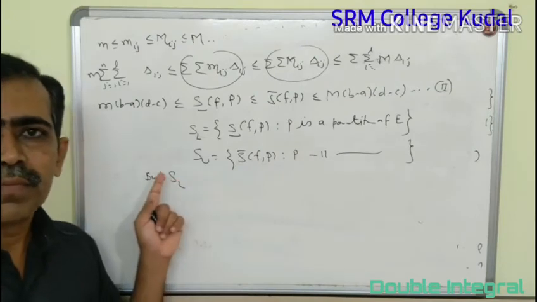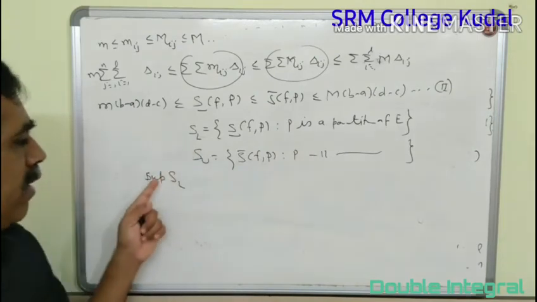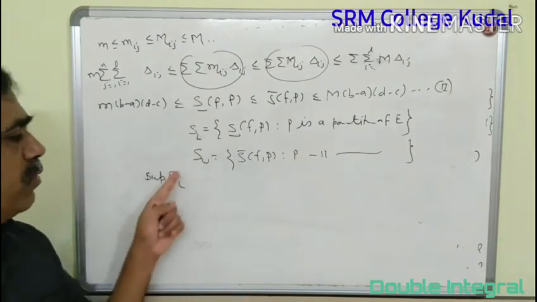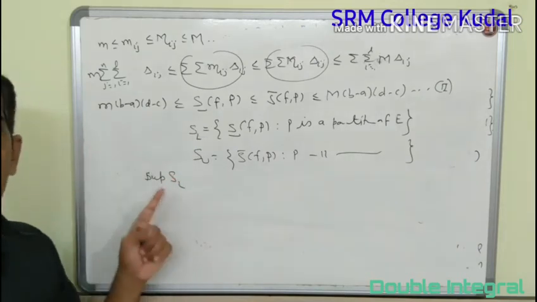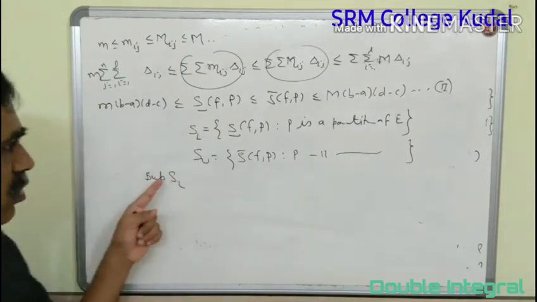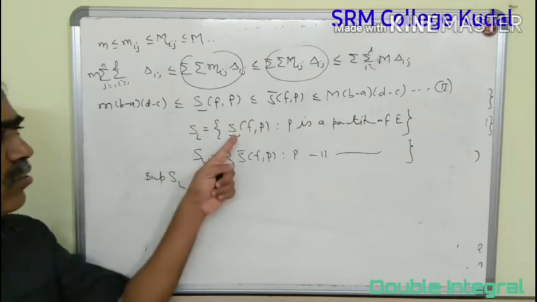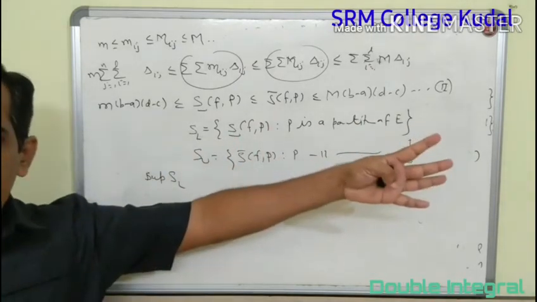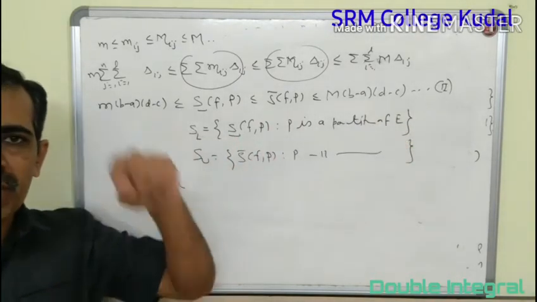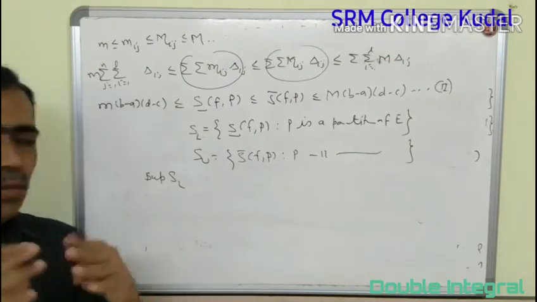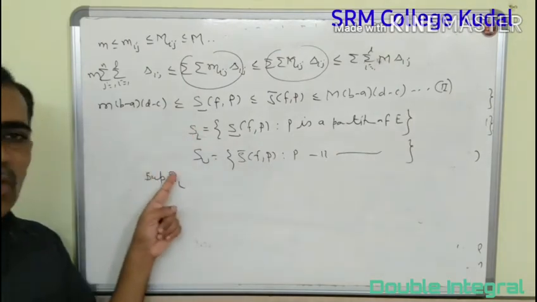That is the supremum of SL, the largest lower sum, because corresponding to each partition you have a lower sum, and we select the largest.